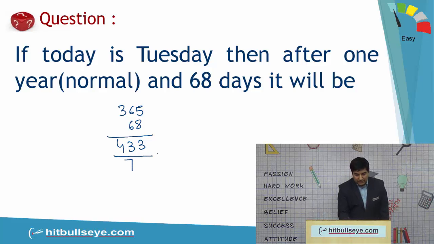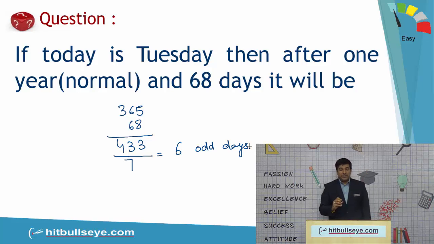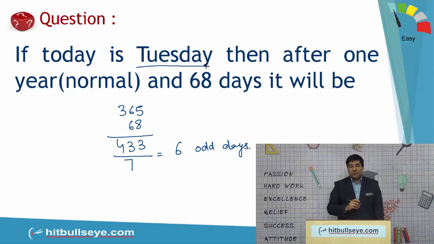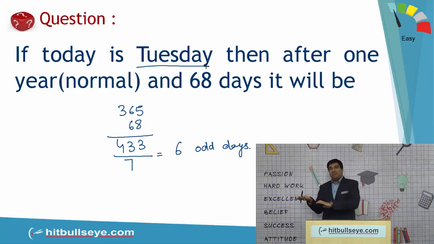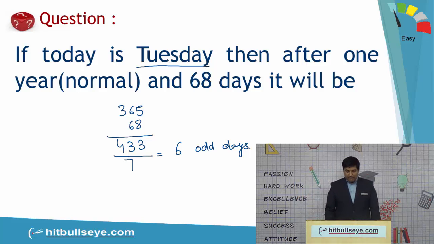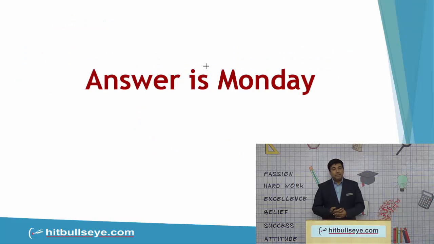Dividing by 7, we get a remainder of 6 odd days. Now our reference point is Tuesday. So we need to know what day it will be 6 days after Tuesday. Counting 6 days after Tuesday, we get the answer as Monday.